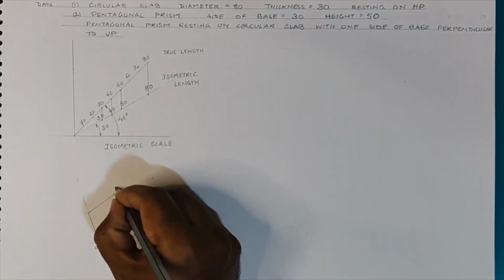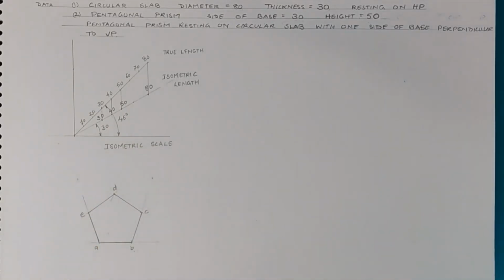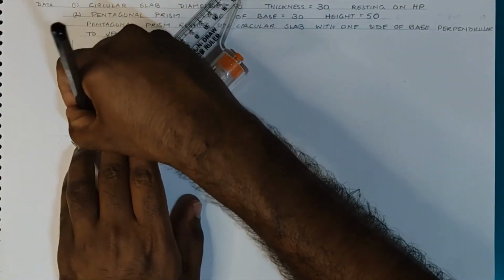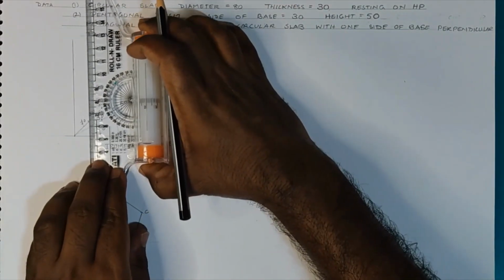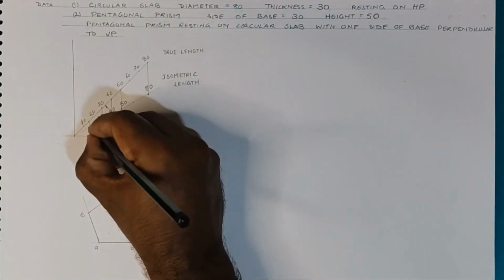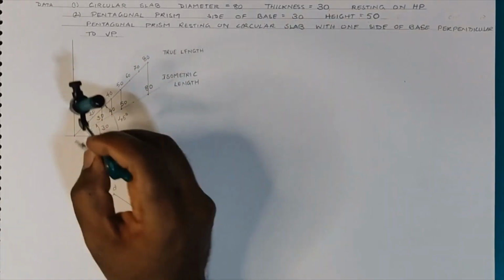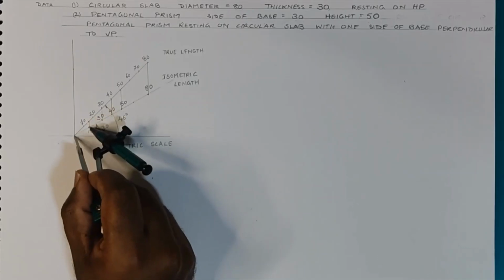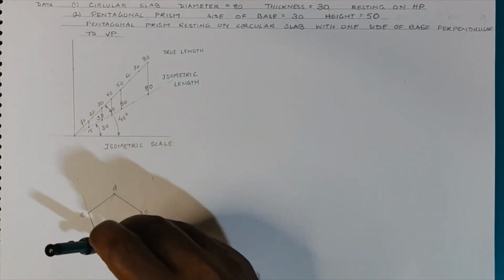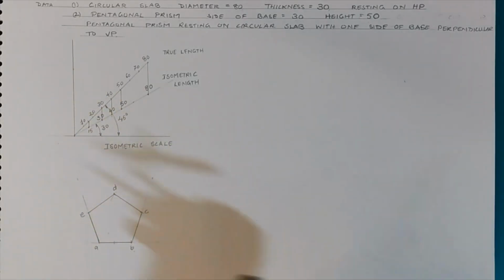Now to find the center of the pentagon, which I have named A, B, C, D and E, I'll be needing the center of the sides, which is 15 mm. So on the true length, I mark a distance of 15 mm and drop a vertical onto the isometric length line. I take this isometric 15 mm length on the compass and find the midpoint of the sides of the pentagon.